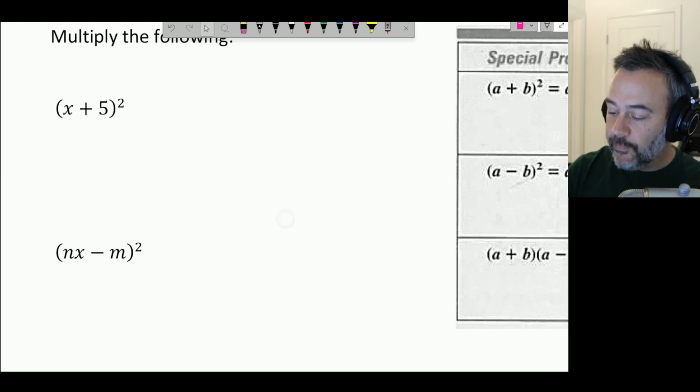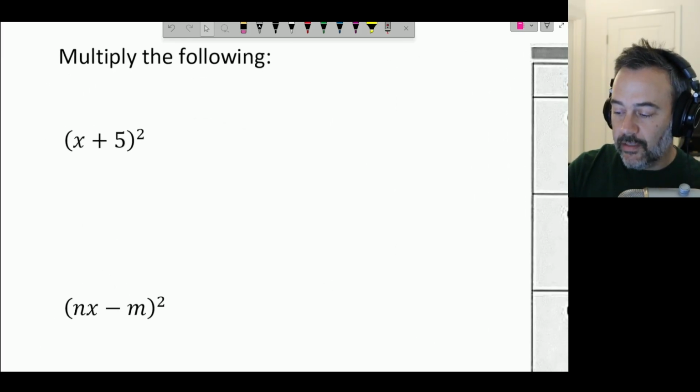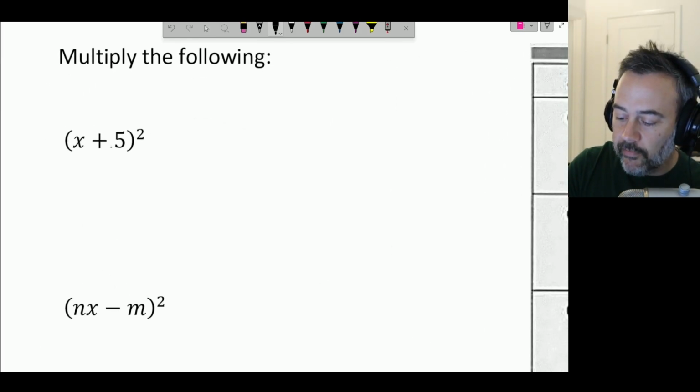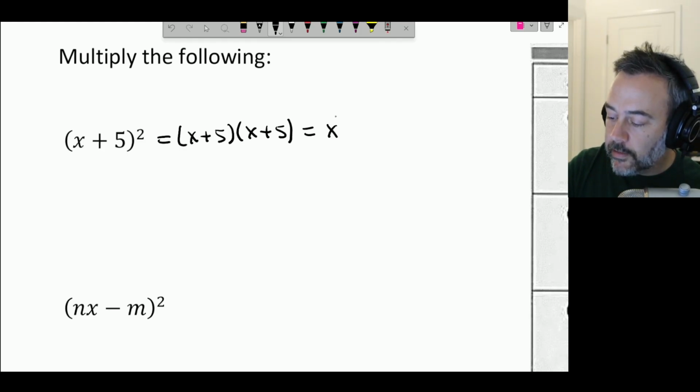Okay, so that's that. Now there are some special products, and this is just a result of the definition of exponents. So when you have x plus 5 squared, this is the same as x plus 5 times x plus 5. And that is x squared plus 5x plus another 5x plus 25.